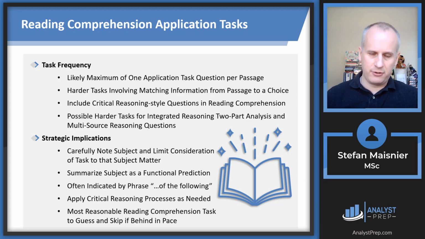So if you have to skip something because you're behind in your pacing in reading comprehension, this is it. Don't skip the more attainable detail, purpose, or inference questions. These ones, though, maybe. But again, ideally, you'd rather be skipping an individual critical reasoning question, because we know it's only going to impact one problem on the exam.